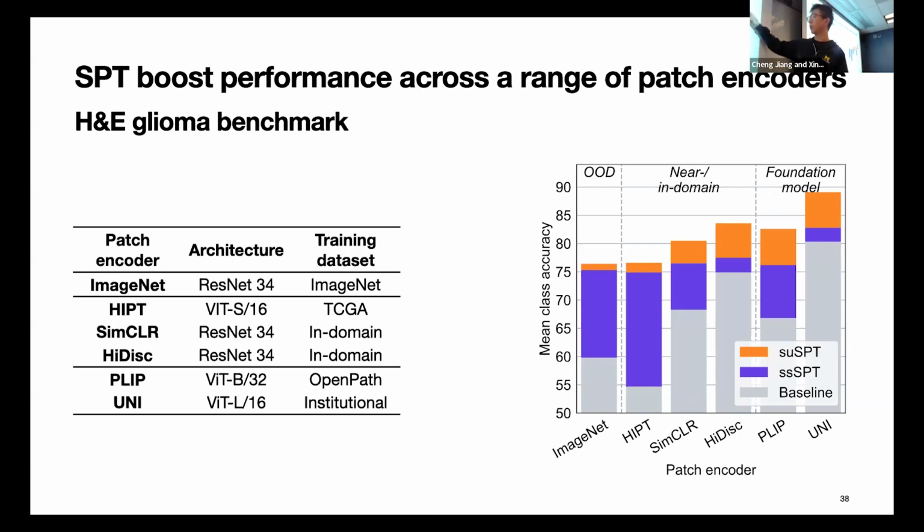Just evaluation here with a baseline: their generalizability on this H&E glioma is just better if you train your own patch encoder. So sometimes you can just utilize their methods, and on top of that, you can use SPT to further boost performance on the task you are interested in. And this part is light, just one GPU, 6 to 8 hours.